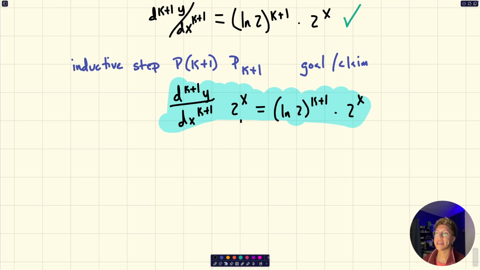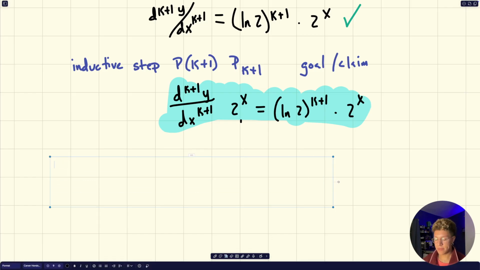And so what we can say here is that our base case P of 1 is true, and the k case, so P of k, implies the P of k plus 1 case. So whenever the k case is true, the k plus 1 case is also true.